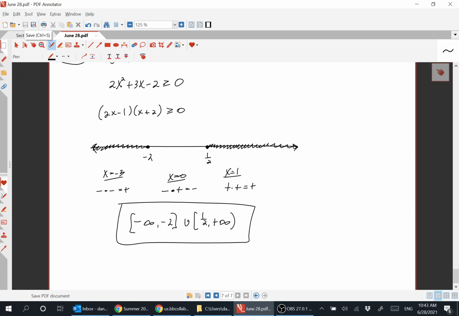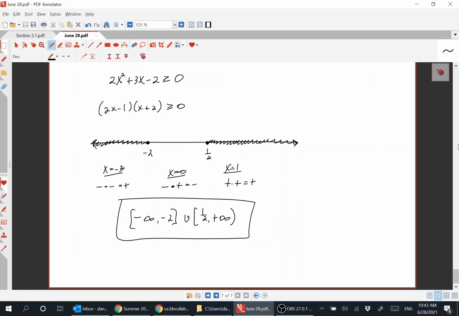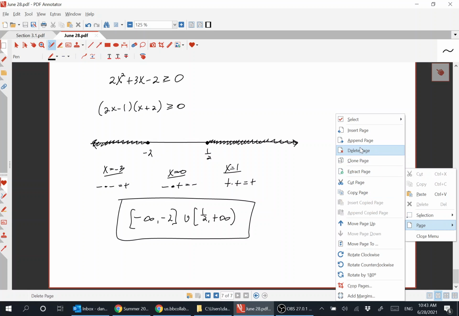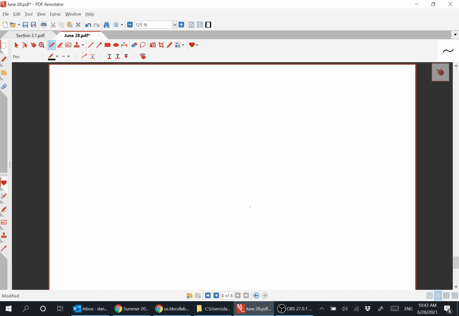Take, say, number 70. So solve for x: 2x minus 1, times x minus 3 squared, over x minus 4, less than 0.